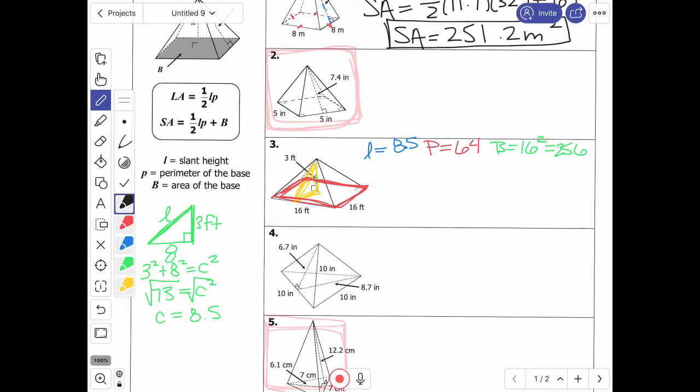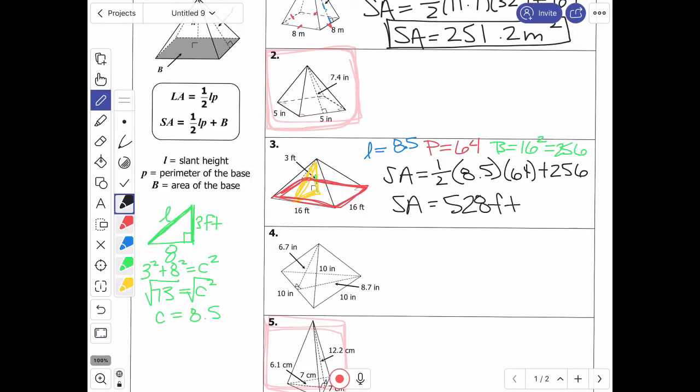So now I'm just going to take all of these variables and plug them into my surface area formula to get surface area is 1/2 times 8.5 times 64 plus 256. And so my surface area comes out to be 528 feet squared.